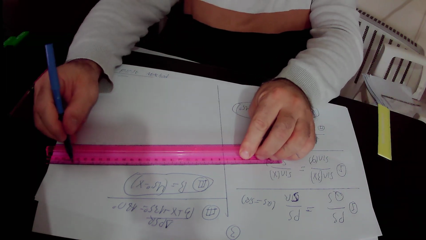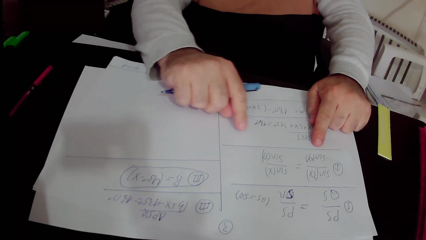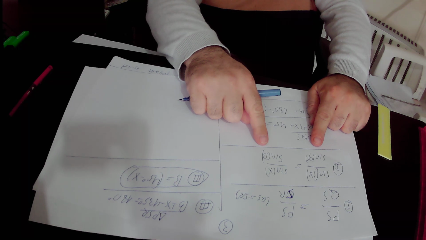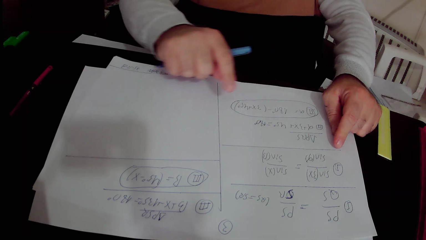So now we can substitute alpha and beta in equation number 1 by the values that we found for alpha and beta in equation number 2 and equation number 3.